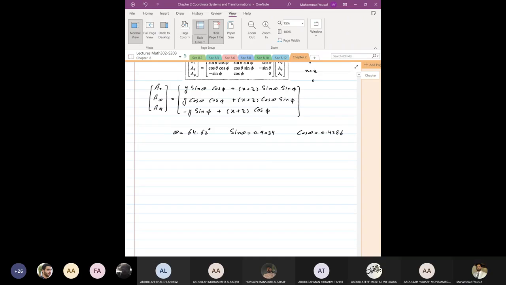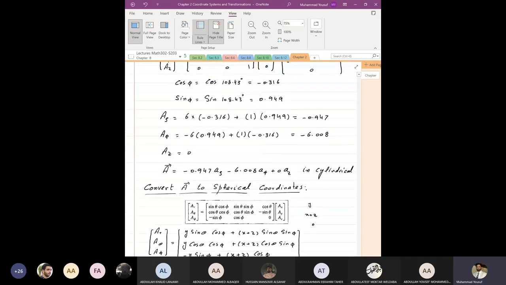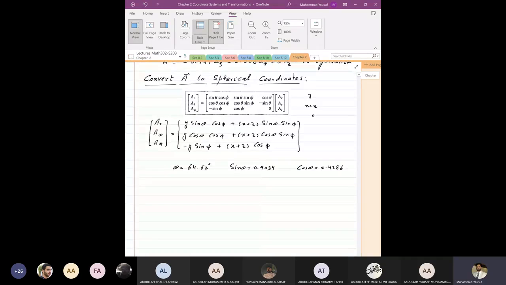And we need here sine phi and cosine phi. Sine phi is 0.949, with phi equal to 108.43 degrees.